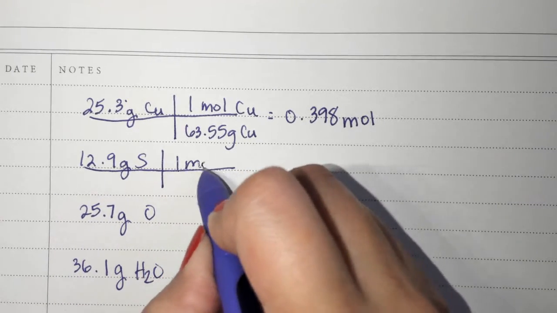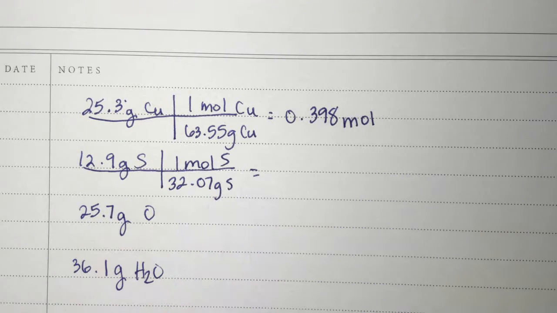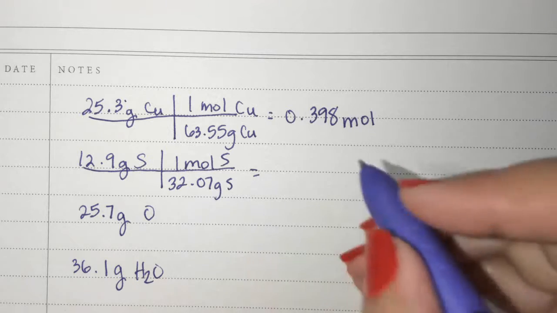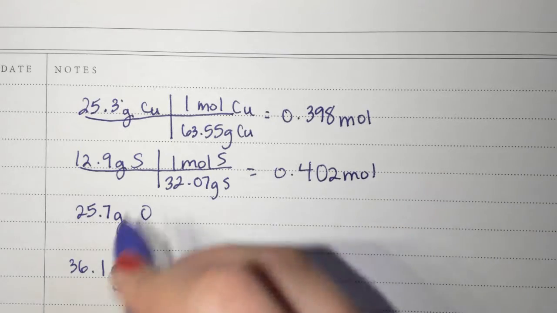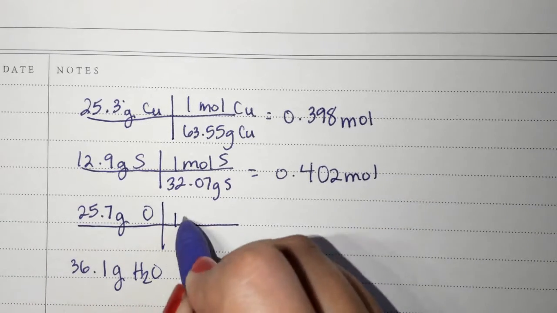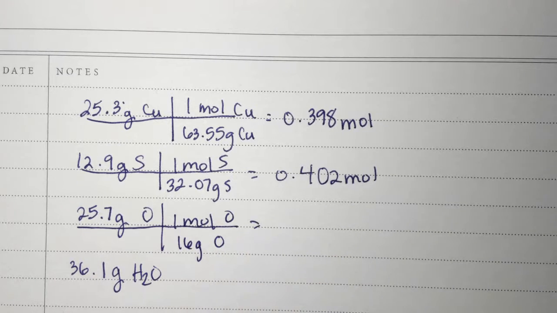Alright, convert sulfur to moles using 32.07 grams of sulfur from your periodic table. And you should get 0.402 moles. Oxygen we convert to moles using 16 grams of oxygen from the periodic table.